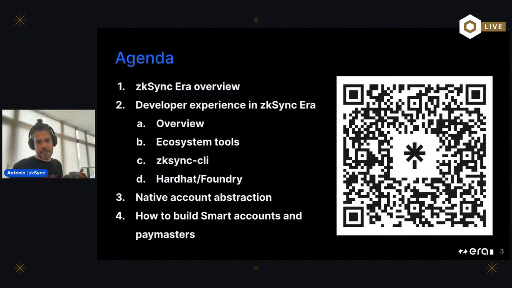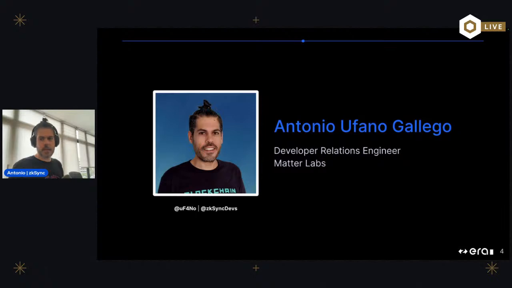And finally, this is the part that is more important for the bounties: I will talk about how ZkSync implements native account abstraction, the improvements that it has over EIP 4337, and how you can create smart contract accounts and paymasters.